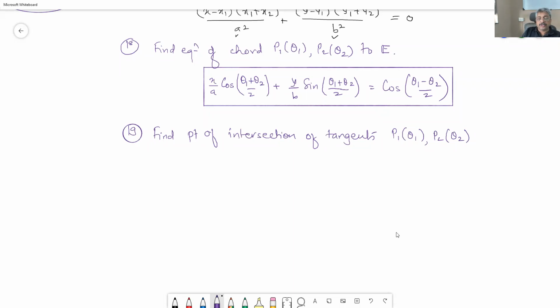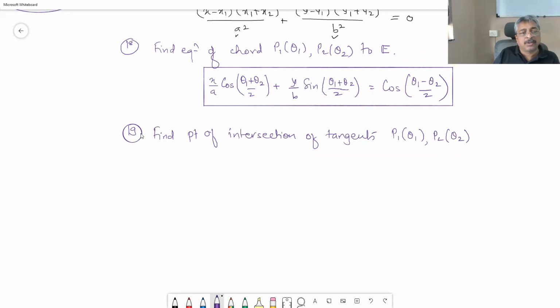You already know the equations of tangents at P theta 1 and theta 2. You are supposed to find out the point of intersection and then do some trigonometric simplification to get the final answer. And I think it is not that difficult.